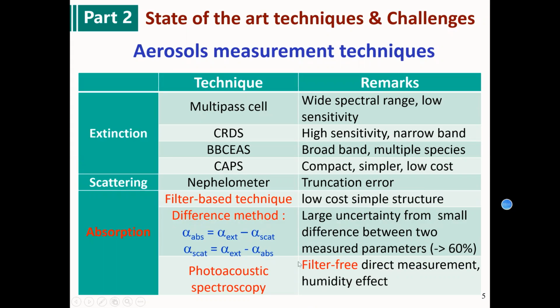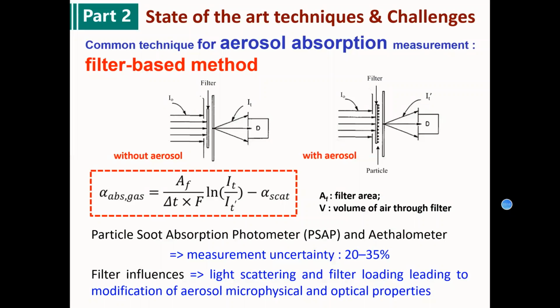Photoacoustic spectroscopy is a filter-free direct measurement. We talk about filter-free because in the common technique for aerosol absorption, the filter-based method uses a filter to collect particles, but the filter will influence the measurement of light absorption. The light scattering from the filter will affect the interaction of the light and absorption, and also the filter loading will modify the aerosol microphysical and optical properties.